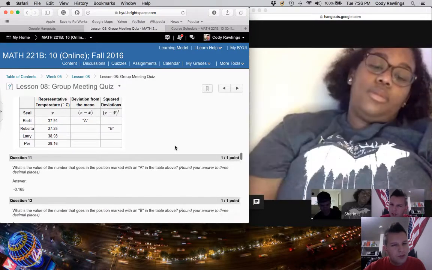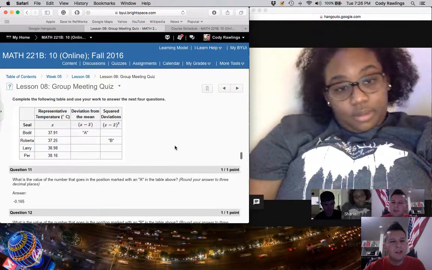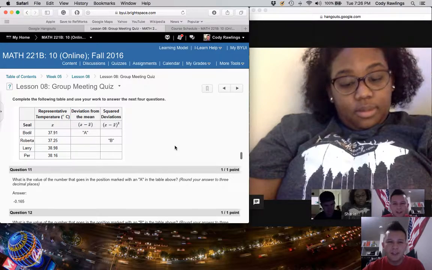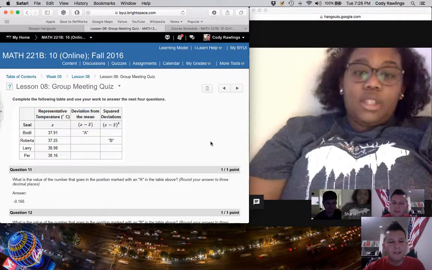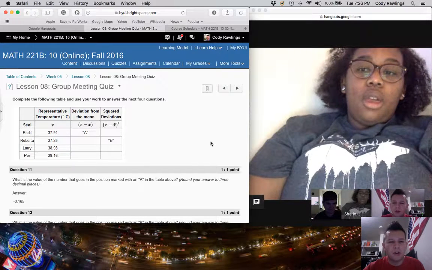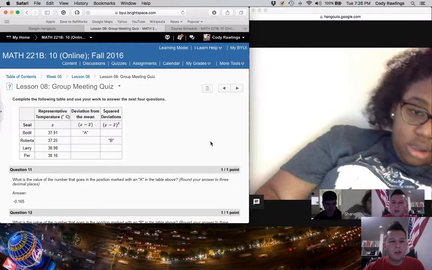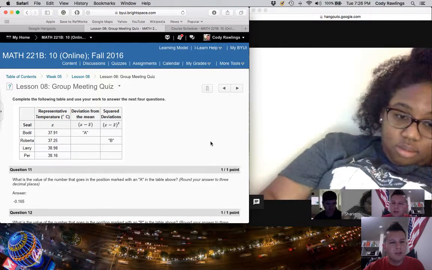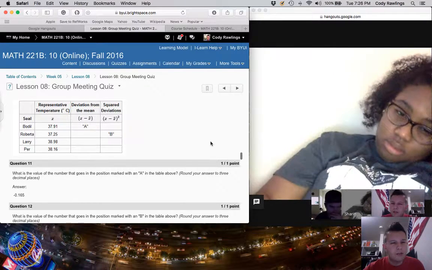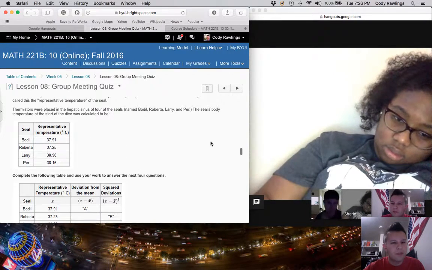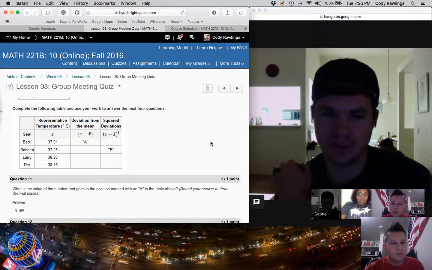So in the book, there's the equation on how to get X bar, and you have to do that for the second part. Once you get X bar, you just subtract it from X and then square it. Yeah.